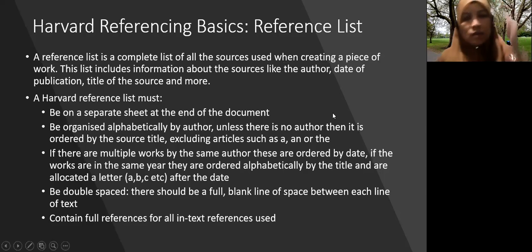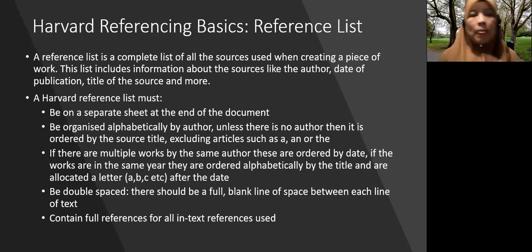So you need a completely separate sheet at the end of your document, and then organize the references alphabetically by the author's surname. If you don't find the name of the author, then the title should come first.